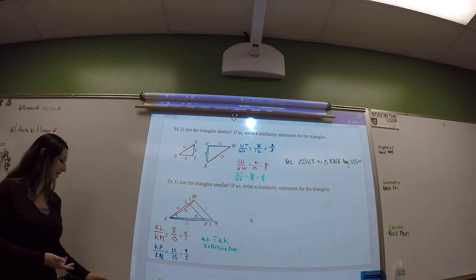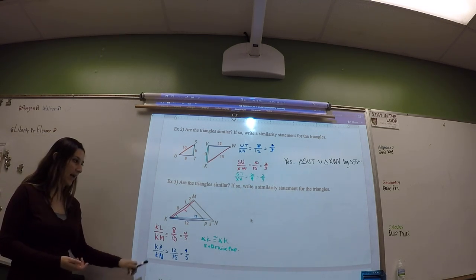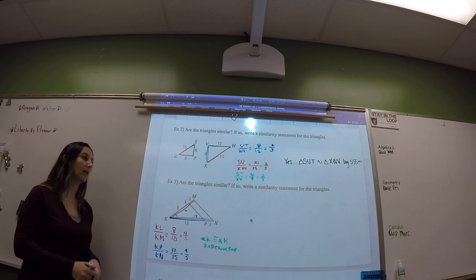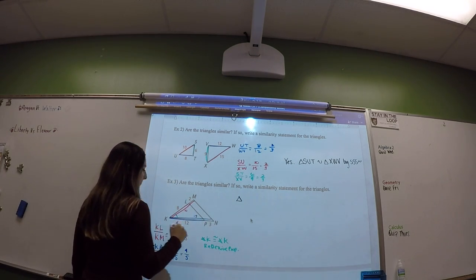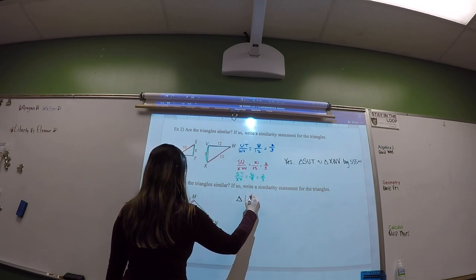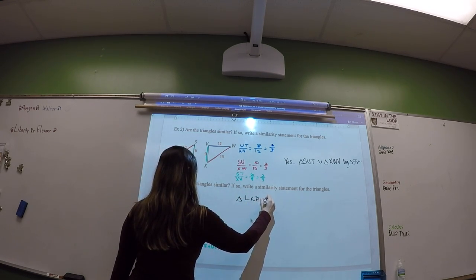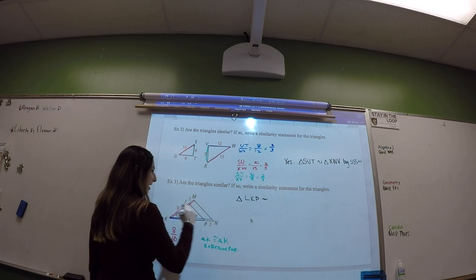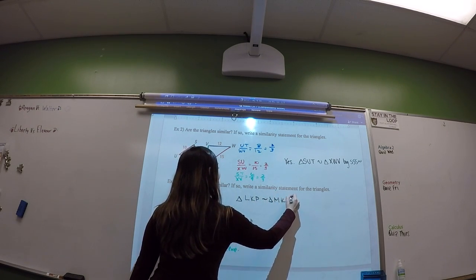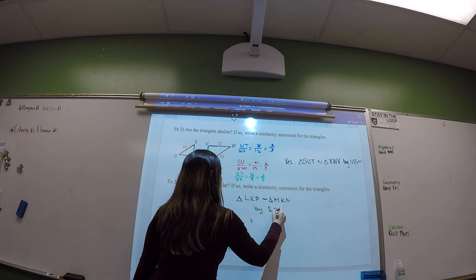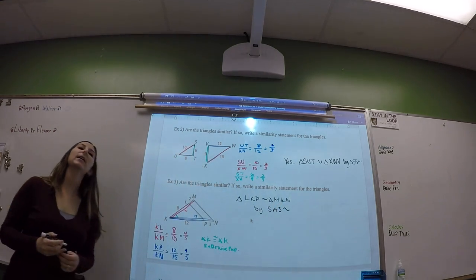So obviously K is going to be congruent to itself. So that's enough. I have side-angle-side similarity now. So I can say triangle LKP is similar to MKN by the side-angle-side similarity theorem.